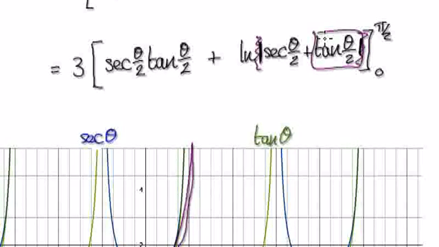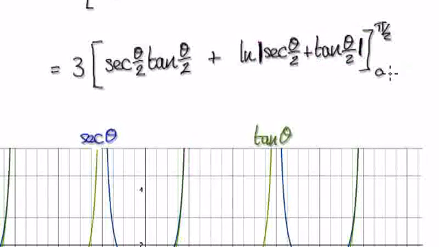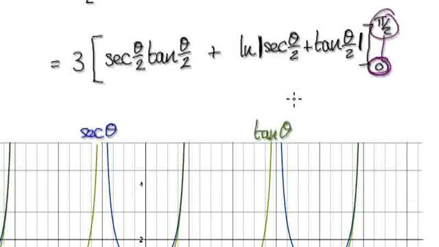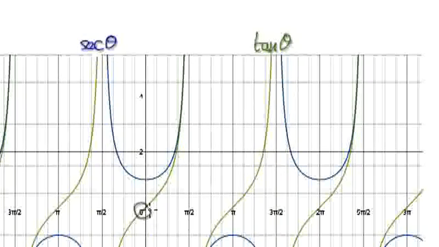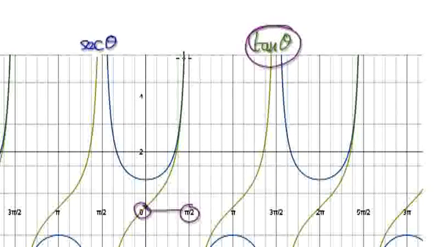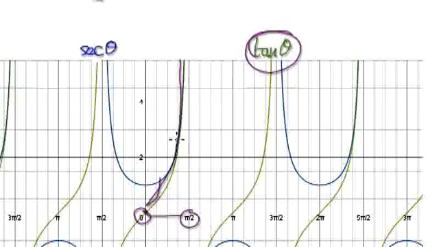And then if you look at the tan graph, in the domain from 0 to pi over 2, tan, which is this thing here, is always positive anyway.